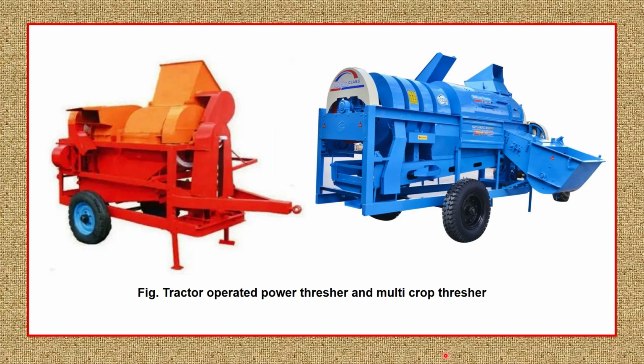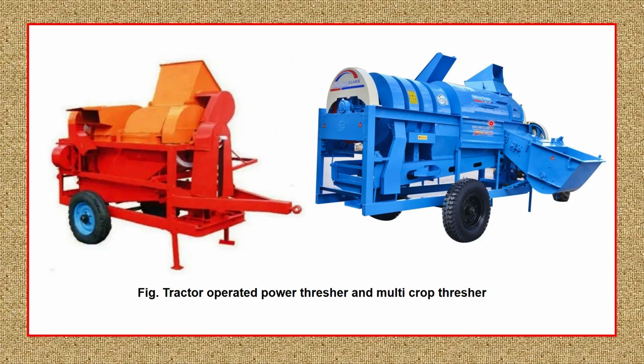So this is where the crop will be fed into the power thresher. That fed crop will be conveyed into the threshing cylinder or threshing unit, where there is a rotating cylinder, and on the surface of the cylinder there will be spikes, or pegs, or bars, and they pass in close contact with another stationary concave, and in between these there will be a very restricted passage.